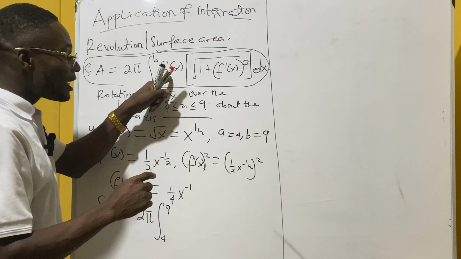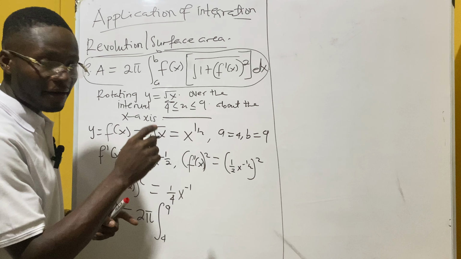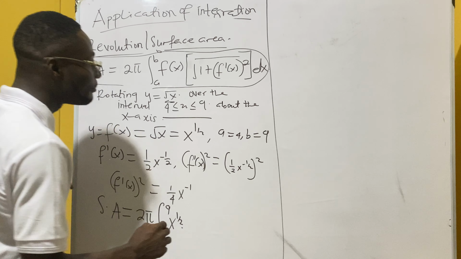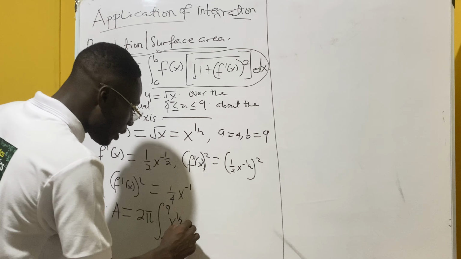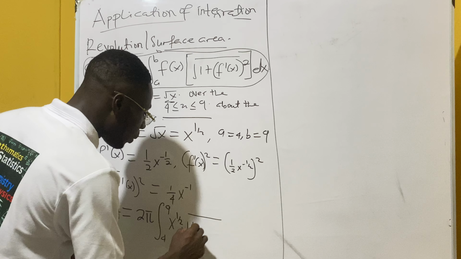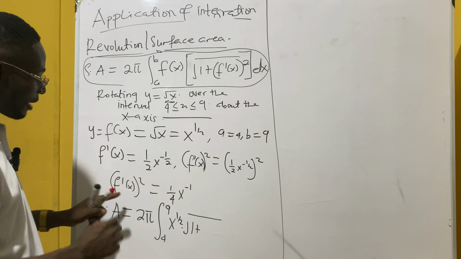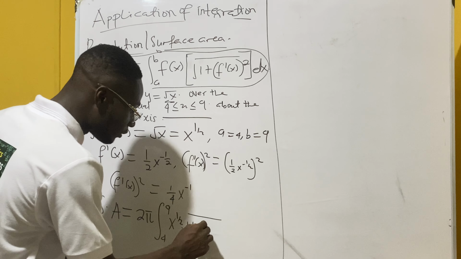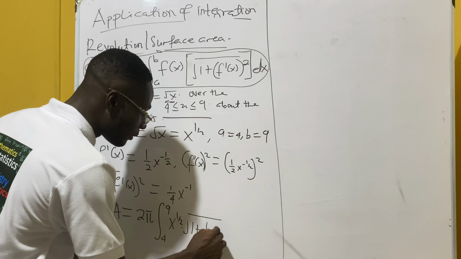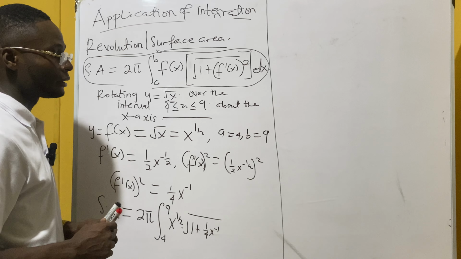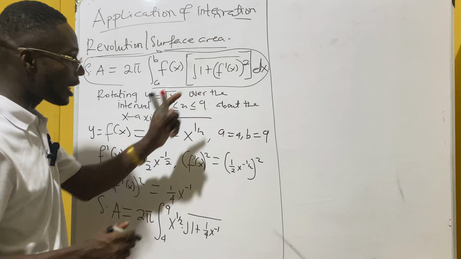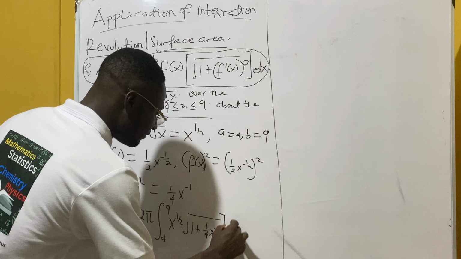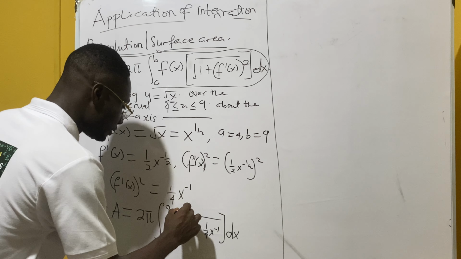Then we take the function, which is x power half, multiplied by the square root of 1 plus the first derivative all squared, and that is 1 on 4 x power negative 1. Once we have this information, the rest is differentiation and integration.